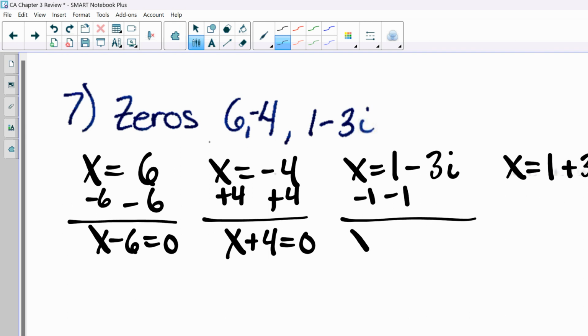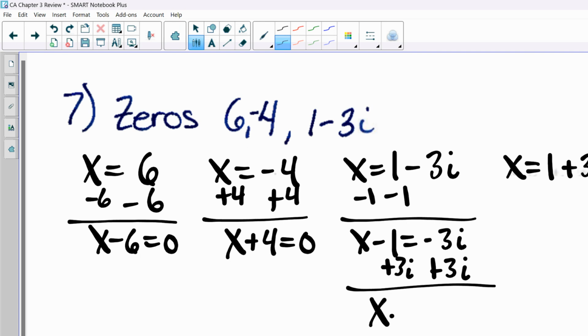Here we're going to have to minus 1 from both sides, and then add 3i.